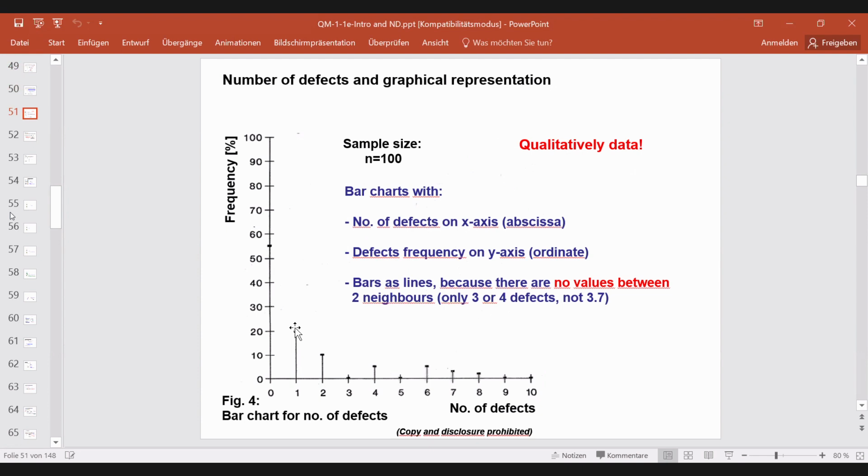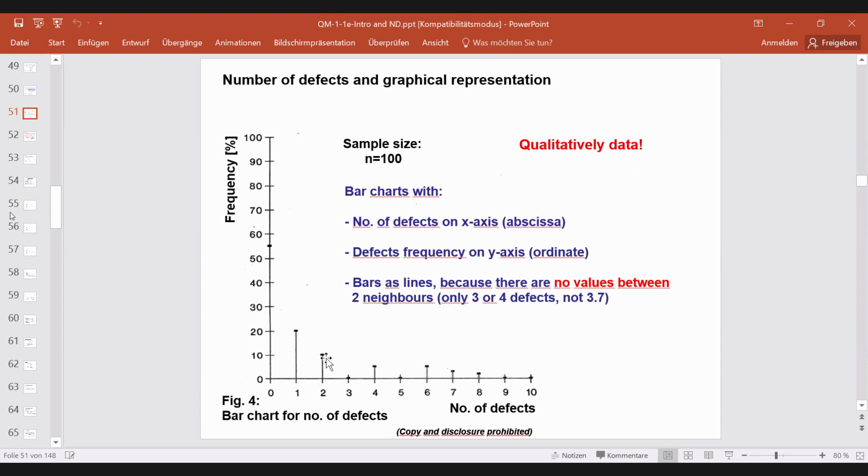So in these cases for qualitative data, they use these line diagrams like you see here. The bar is only a line, and you see here 70% of all the parts which are measured. The sample size here is 100, so 100 parts have been measured, and 20% of them have one defect.